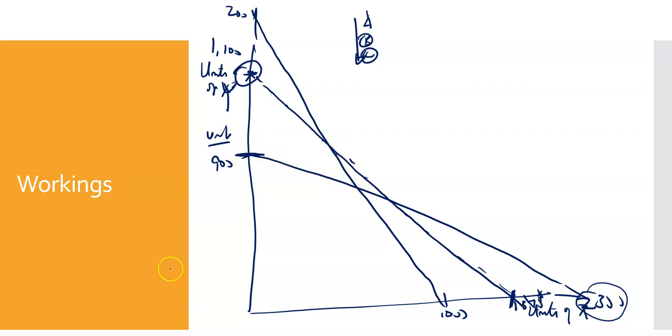Now, just to change my pen color, my contribution curve tells me that C is equal to 4x plus 8y. So imagine if I was trying to get a contribution of 8 pounds, for example, right? Because C is equal to 4x plus 8y.